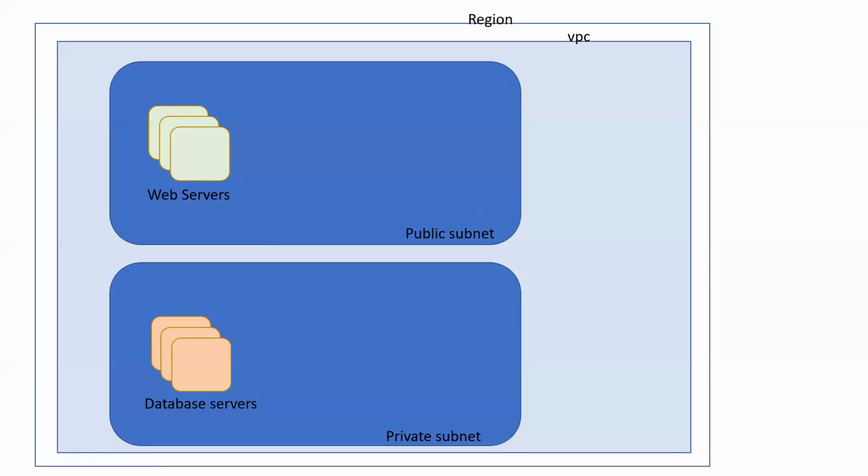If they can take requests from the internet, then they are called a public subnet. All these web servers must be able to serve internet traffic. But the database servers do not serve internet traffic. They do not take requests from outside of this VPC. Does that make sense? They will only take requests from web servers.